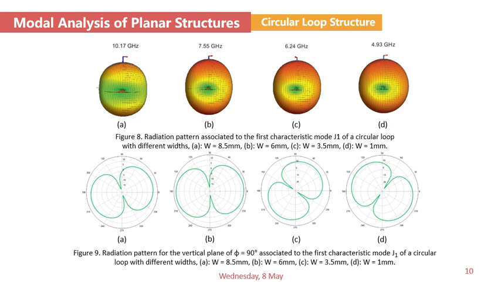The 3D radiation associated with the first resonance mode G1 for the circular loops of different widths 6, 3, and 1 mm, consists of more radiation field in all directions, whereas the circular loop with 8.5 mm shows a noticeable degree of variation. The 2D radiation patterns of the vertical plane generated by the first mode of the circular loops are identical with different phase rotation and present an omnidirectional characteristic behavior.